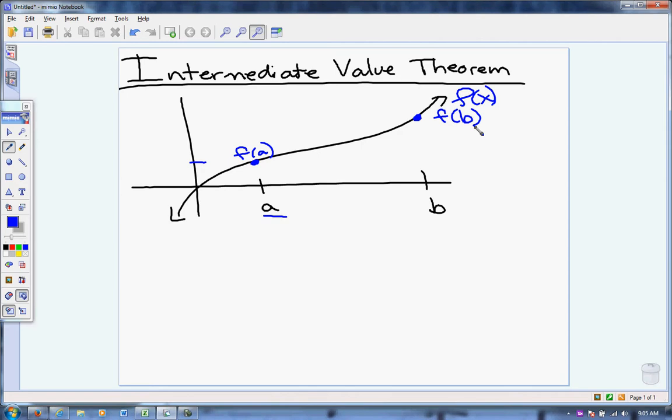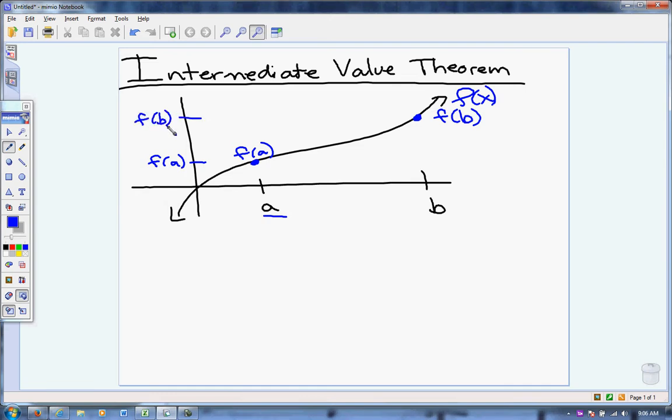What the intermediate value theorem says is that if I have a continuous function, that this function takes on all, this is f of b. Let me kind of label it over here. This is f of a. And up here looks like that's about f of b.